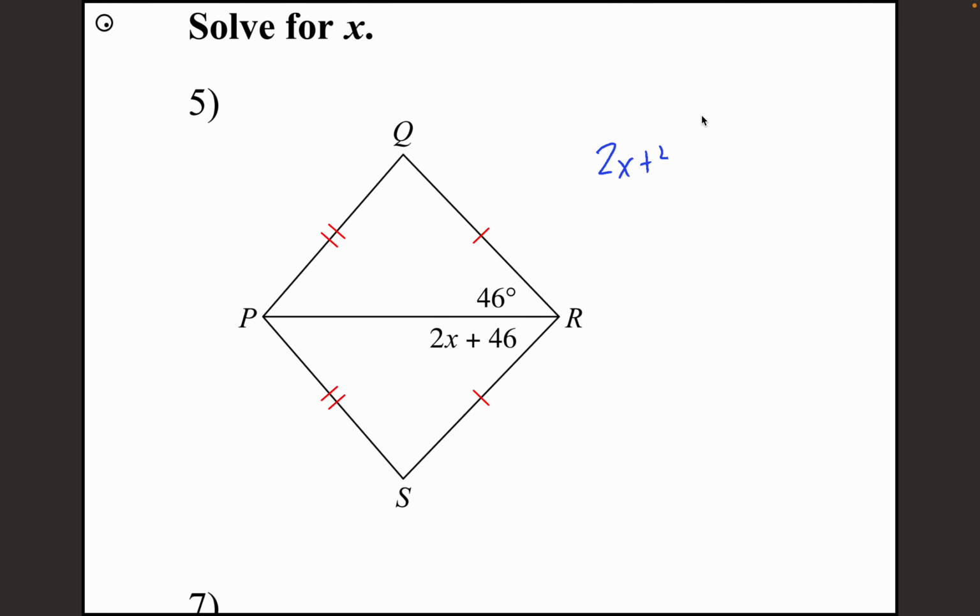We would set them equal to each other. Okay, so on this one, I need to subtract 46 over. And what does that leave me with? Equals 0. Then we divide 2 over. What happens when we do 0 divided by 2? We get 0, so our x equals what? 0.